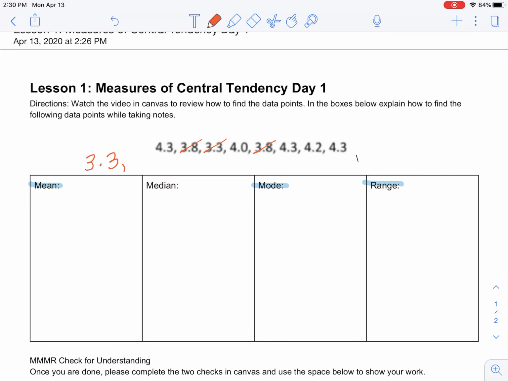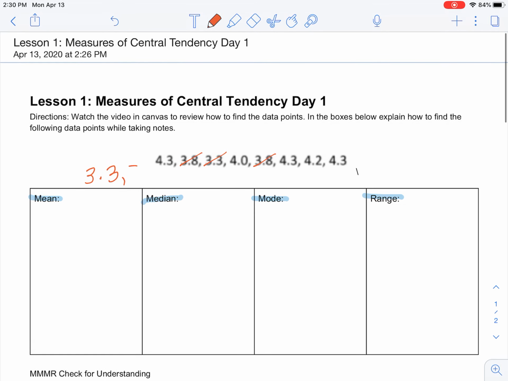Goodness, I'm out of shape with writing on my iPad. 3.3, 3.8, 3.8, and then our next number that we see is 4.0. Then our next number is 4.2. And then we have a bunch of 4.3s. We actually have 3 of those, so 1, 2, 3. I like to cross those out so I know I don't miss a number in my data set.